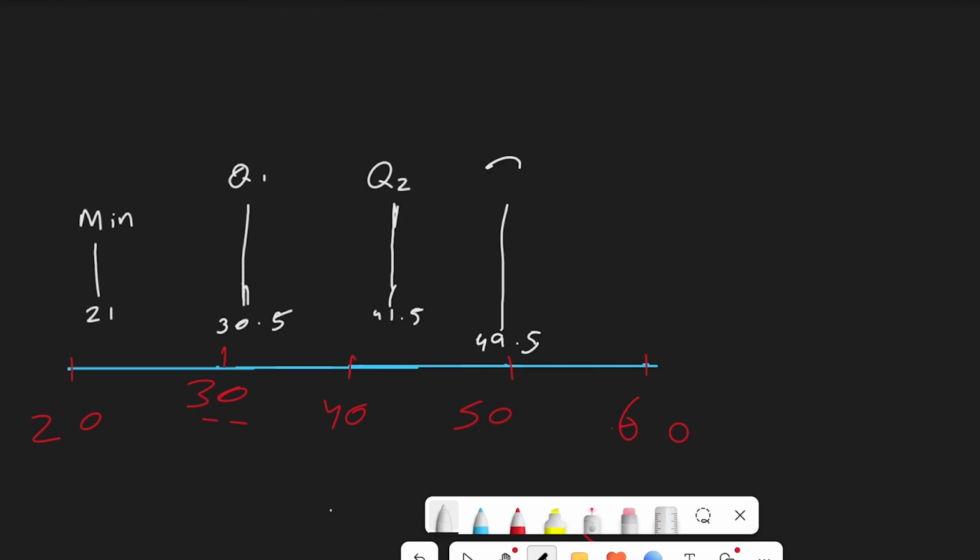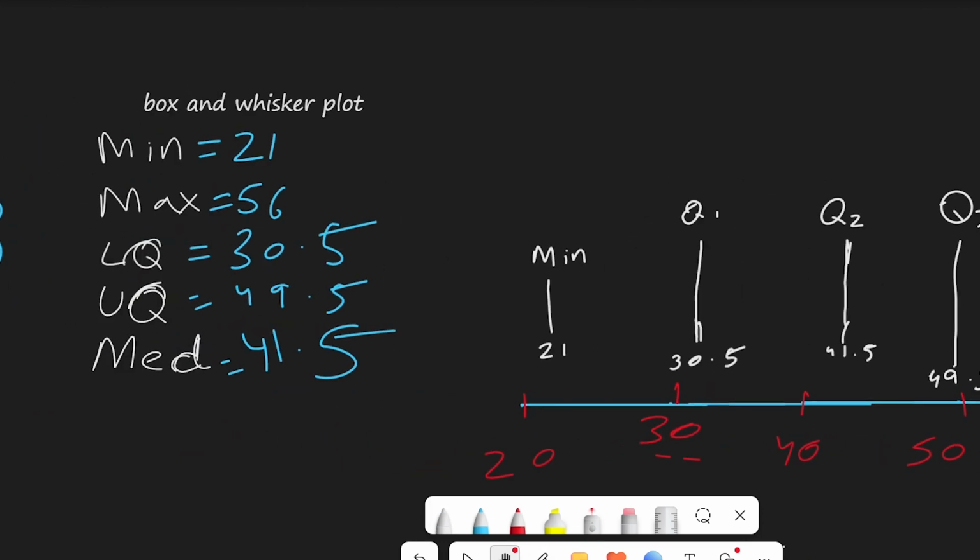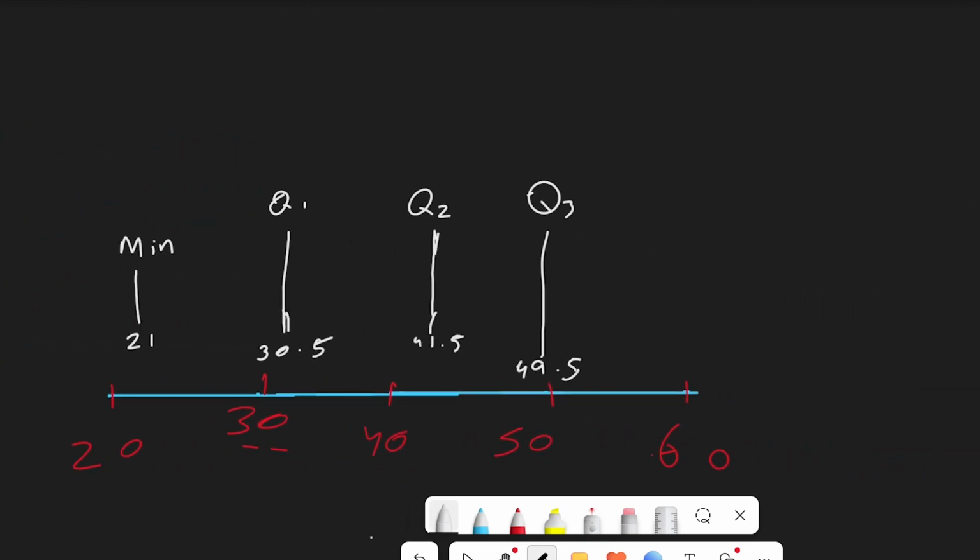Q3, and then we have our maximum value, which is 56. Okay, it would be somewhere over here, and it would be max. Okay, we can note that minimum and maximum are denoted by shorter lines, while the quartiles are denoted by bigger lines.